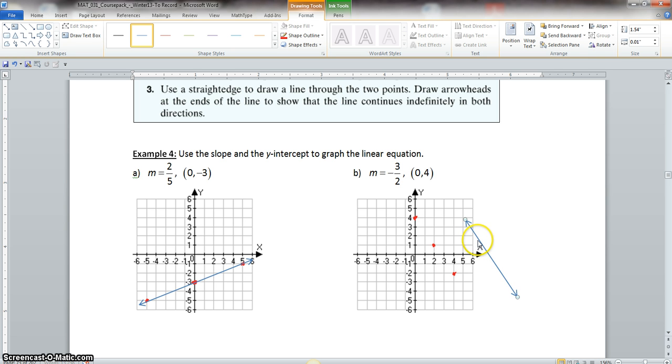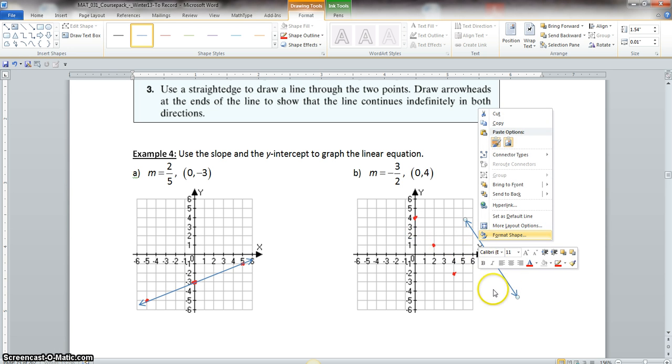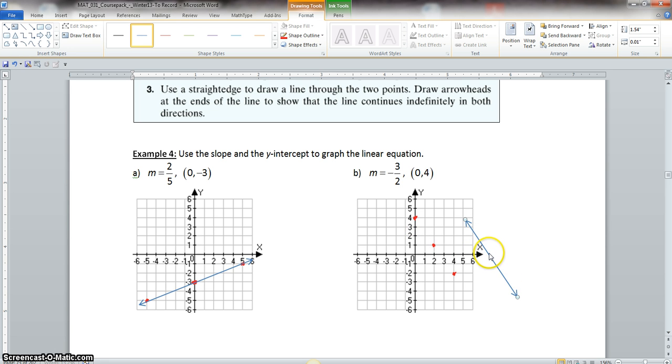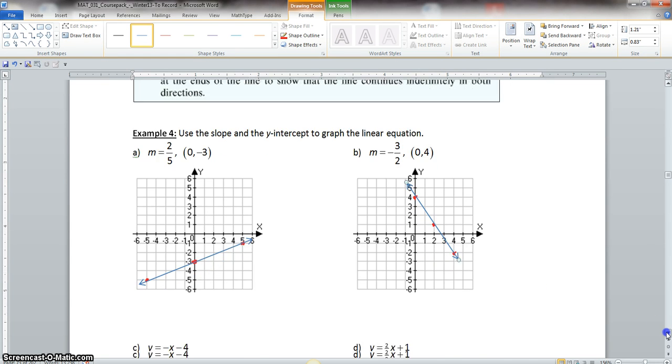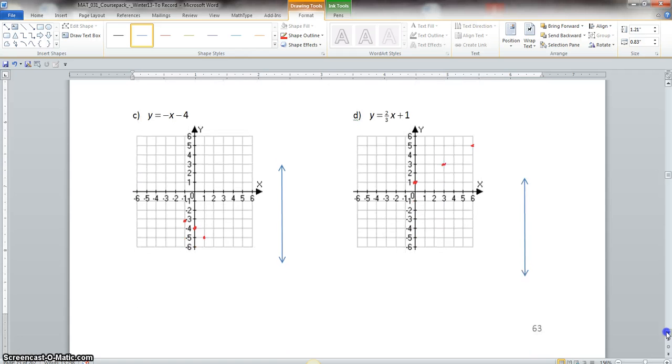Okay, now let's see if I can move this. Yes, this is about as good as I'm going to get it. So that takes care of B. But remember, you all can use a straight edge.